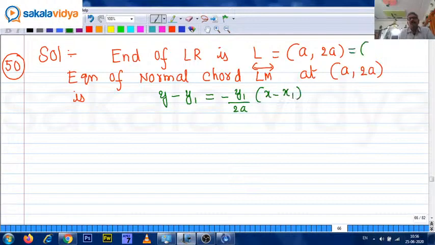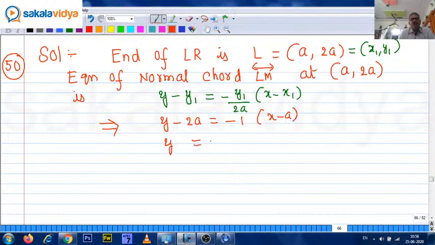Substitute this point x1, y1. Now we get the equation of the normal chord: y minus 2a by (2a minus 1) of x minus a. So you get y equals minus x plus a plus 2a, which will be minus x plus 3a.